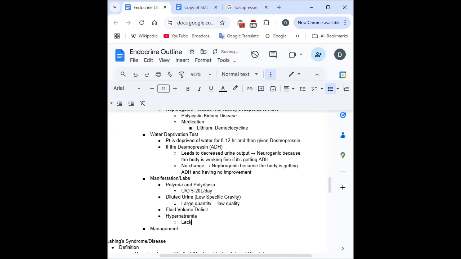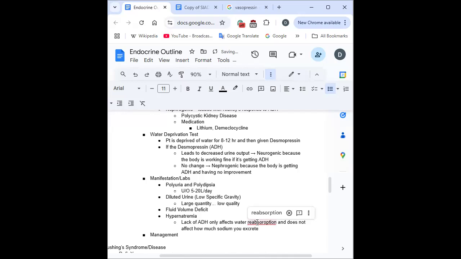To explain why that works, lack of ADH affects reabsorption. Essentially, your urine has the same amount of sodium that a normal person's would, but now it's getting rid of even more water. So you're going to be hypernatremic.